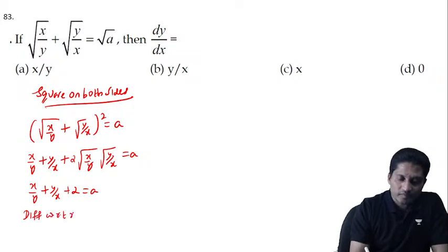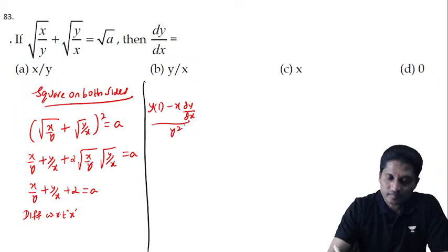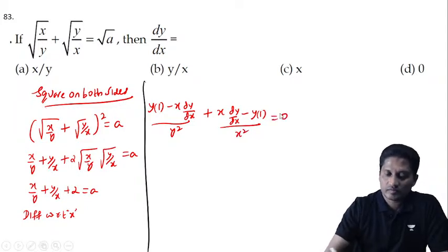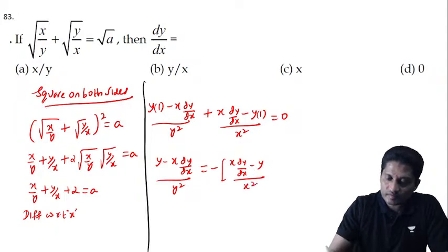Now if I differentiate with respect to x, alright, I'll use u by v. This is (v into u dash minus u into v dash) divided by v square. Again v into u dash minus u into v dash divided by v square is equal to 0. (y minus x into dy by dx) whole divided by y square is equal to minus of (x into dy by dx minus y) divided by x square.